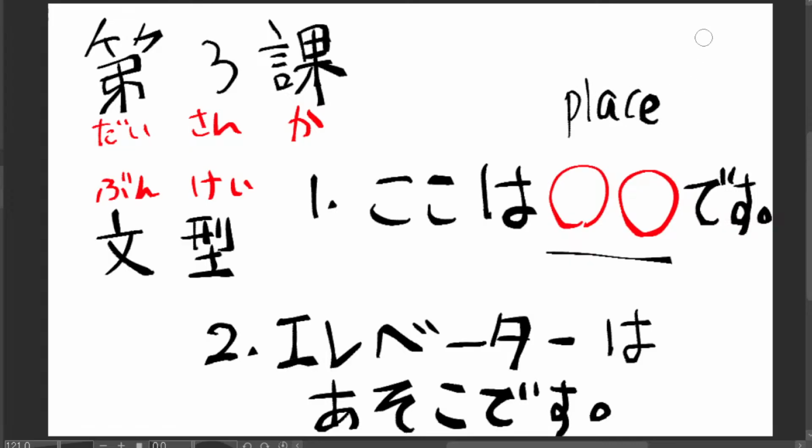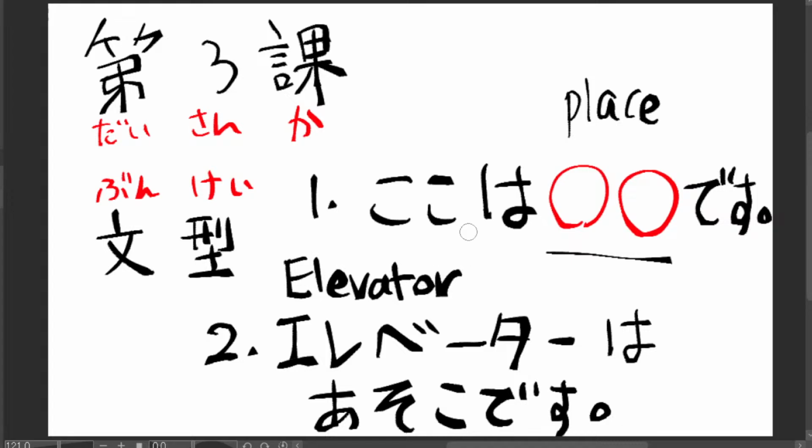So number 2 is エレベーターはあそこです。エレベーター is in katakana. Something in katakana means that it is derived from another language. So エレベーター, for those who have guessed it, means elevator.